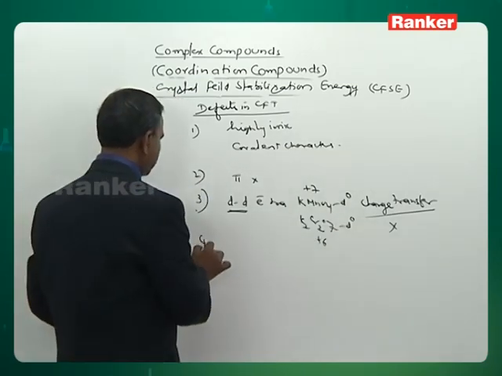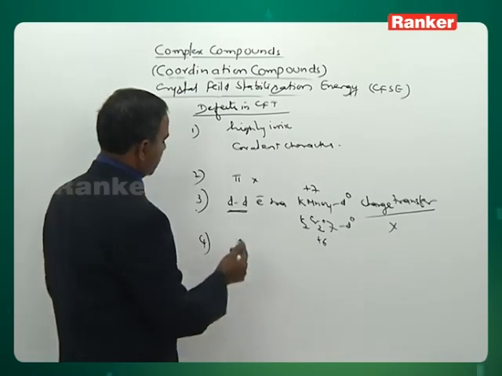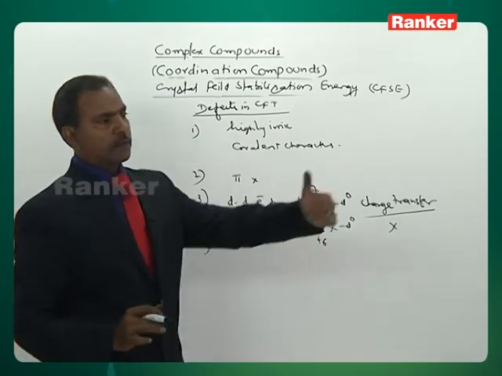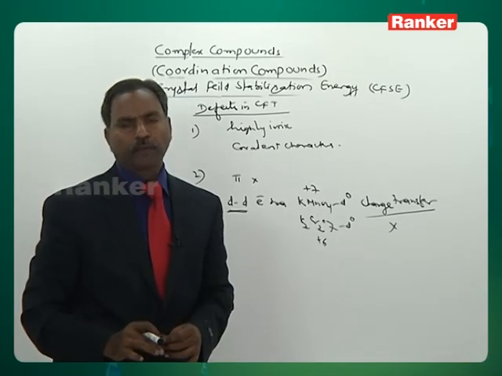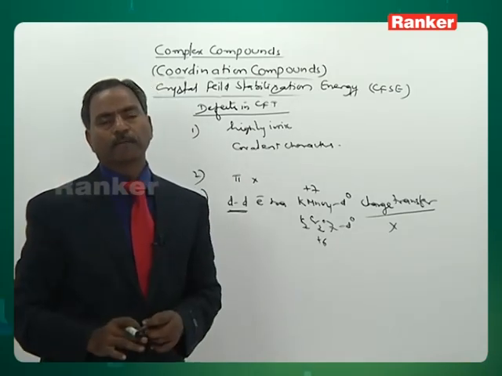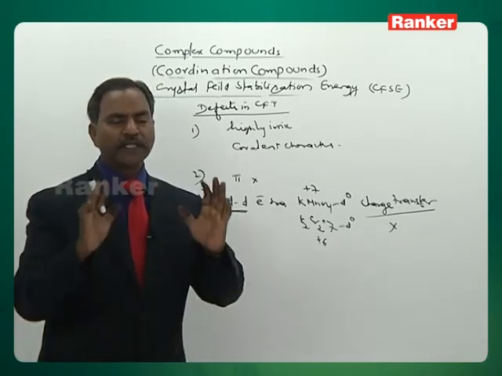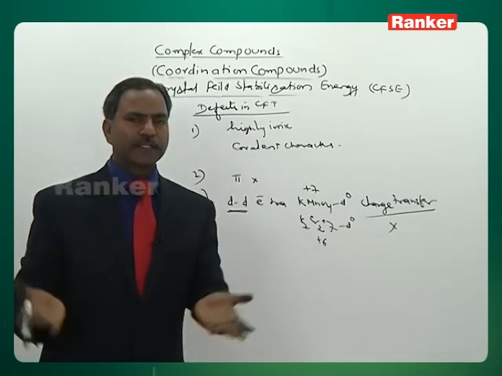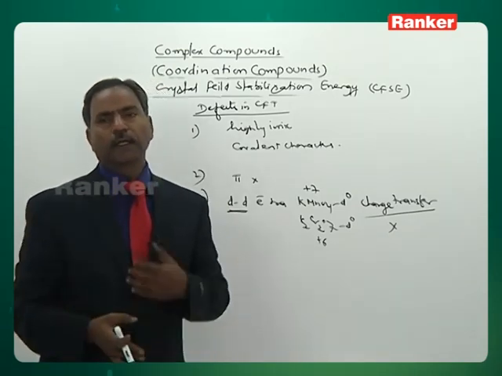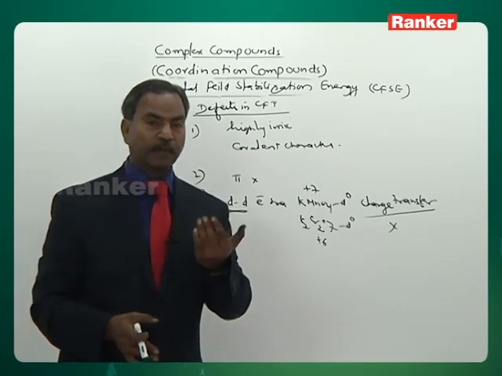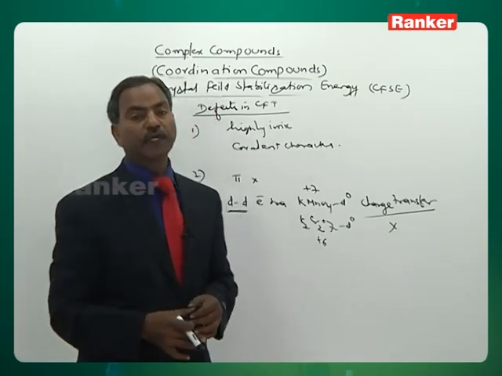Next, this theory gives the order of field strength of the ligands, we agree. The field strength depends much on the basicity of the ligand. Greater the basicity, generally the greater the field strength.